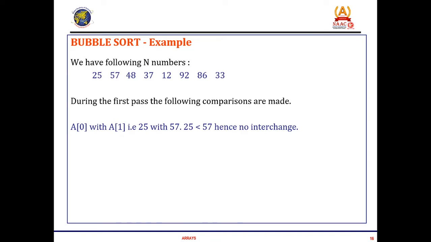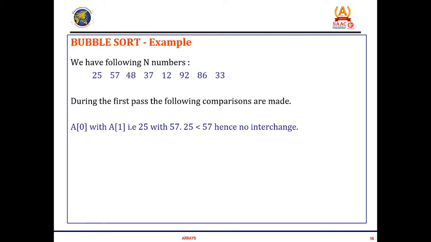The first step of the first pass in the bubble sort algorithm tells you to compare A of 0 with A of 1. That is, you compare the first element with the second element of your original unsorted array. I repeat, you compare the first element with the second element of the original unsorted array.